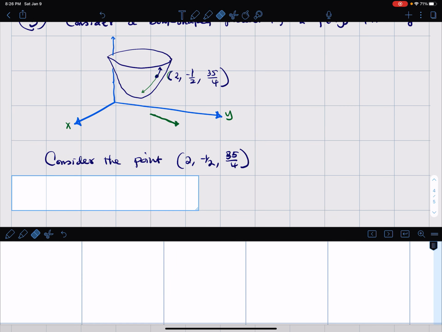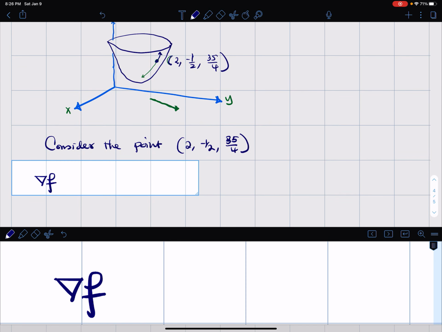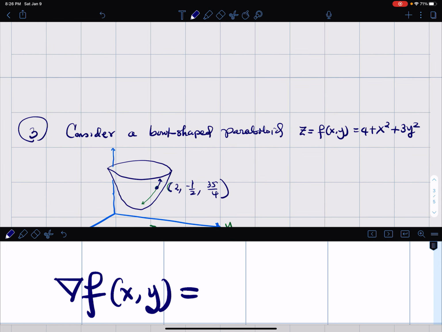But to do that, we have to compute the gradient. So we find the gradient. The gradient of our function is 2x, right?